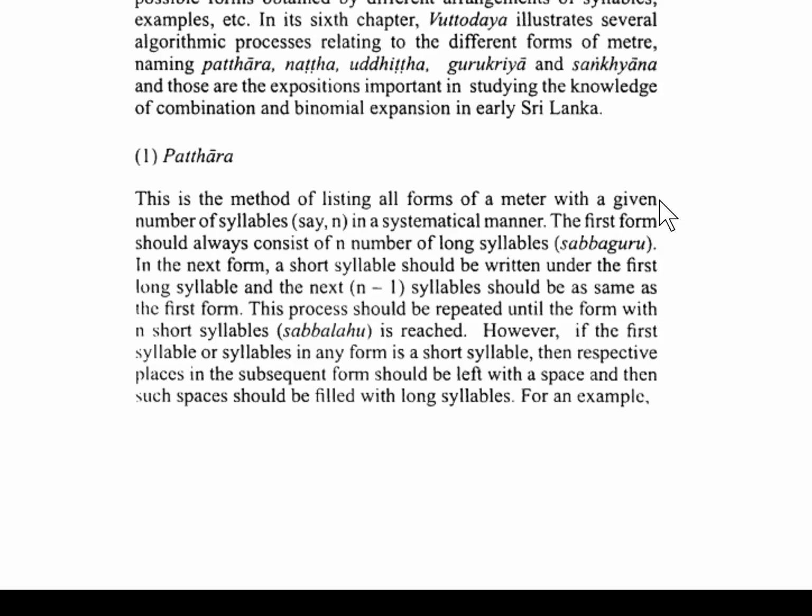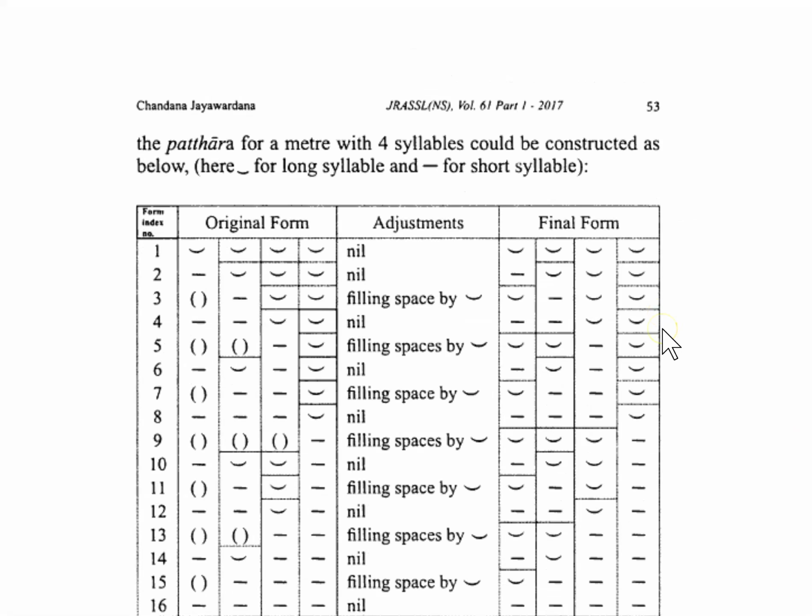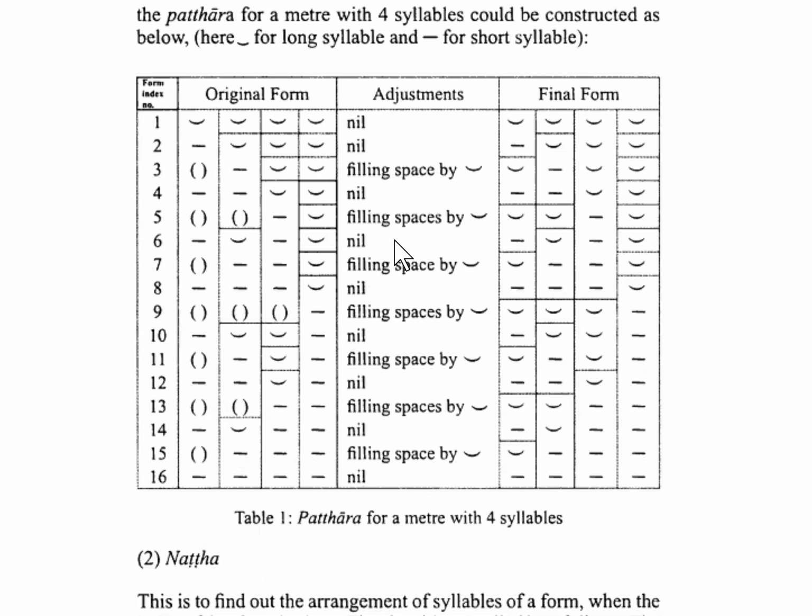And then there's a method called Prastara, which we would discuss in the third part of this YouTube series. I hope you would listen to the third part. There are 2 syllables and how they could be arranged in 4 places, so that we would discuss.